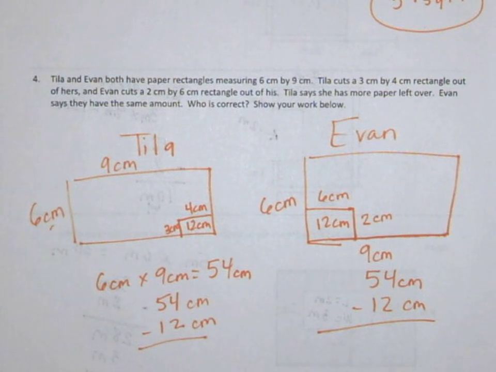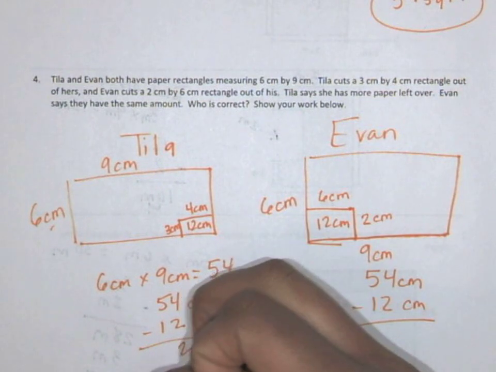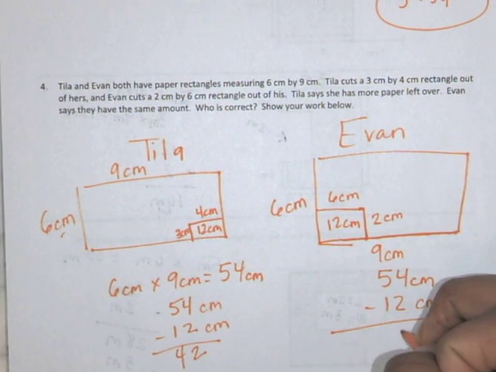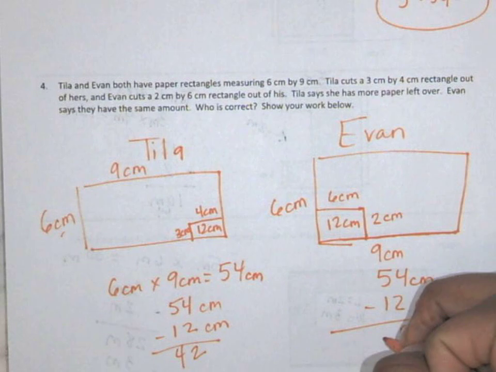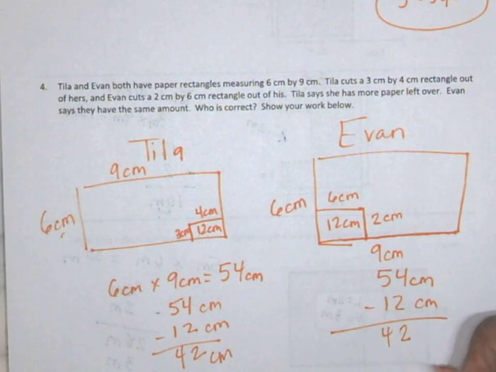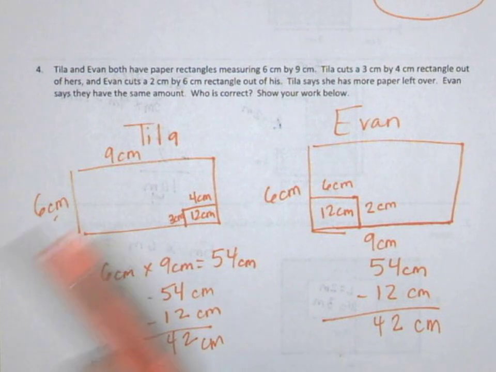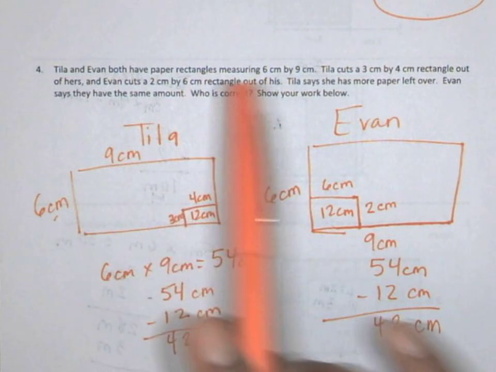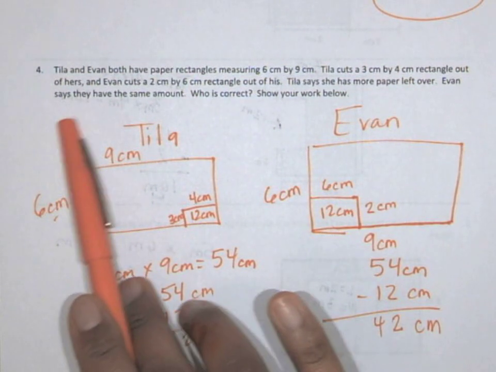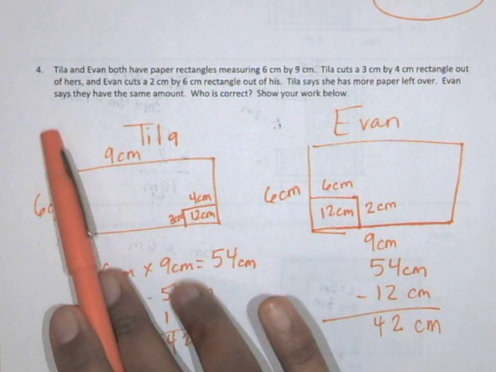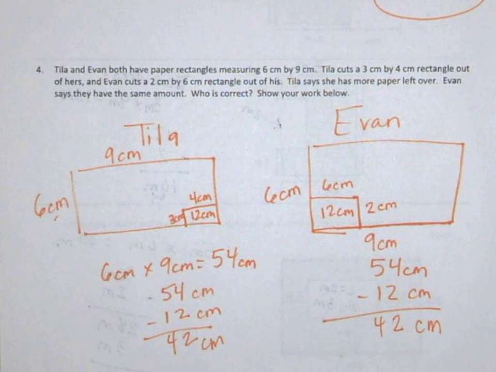All right, the answer you should have: 4 minus 2 is 2. 5 minus 1 is 4. Same over here, 4 minus 2 is 2. 5 minus 1 is 4. Bring down your unit. So, let's see if we can answer the question. Tila says she has more paper left over. Evan says they have the same amount. Who is correct?